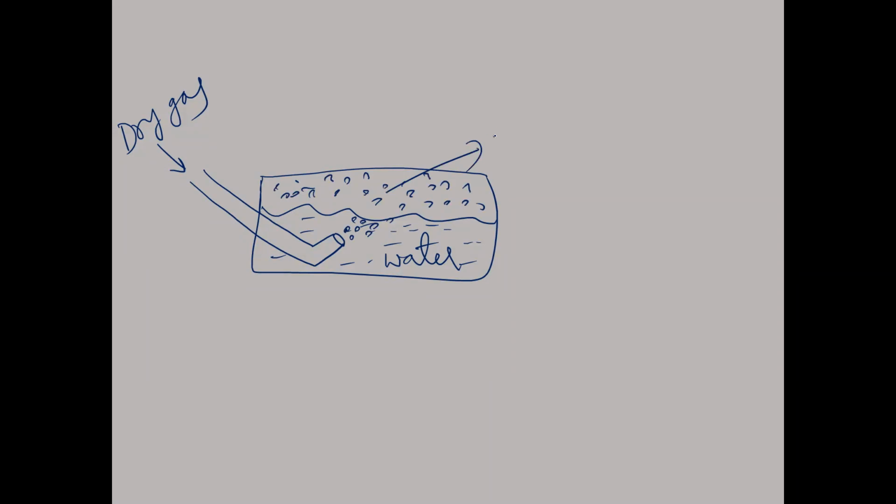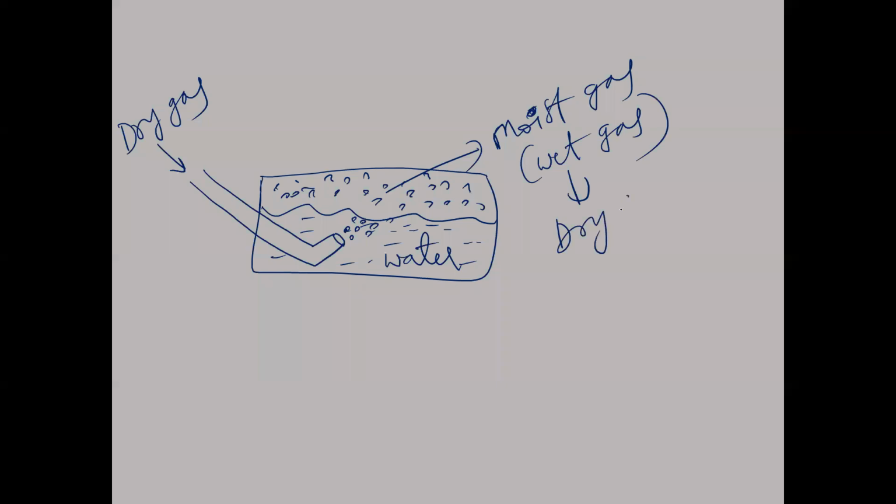This gas is moist gas. Moist gas means the gas with some moisture. It is wet gas. In this wet gas there is the dry gas, whatever we have passed, plus some water vapor.